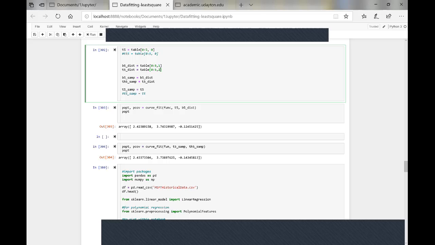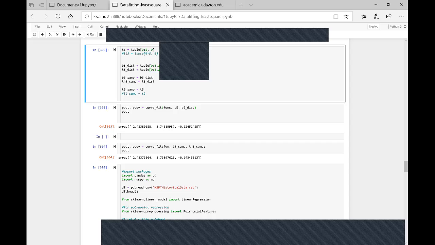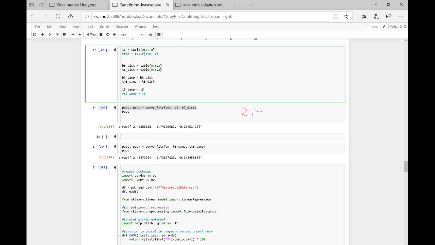My model says I roughly have a constant acceleration still, like 2.4 t squared, and then plus 3.7 t, and then minus 0.12.